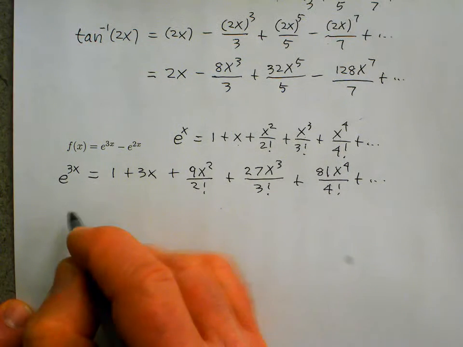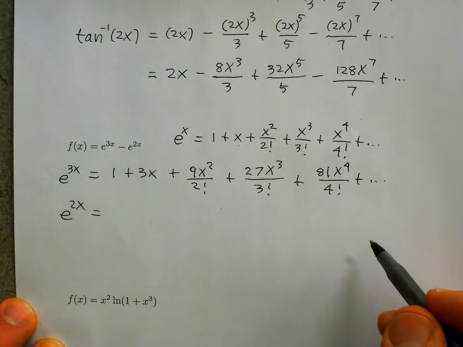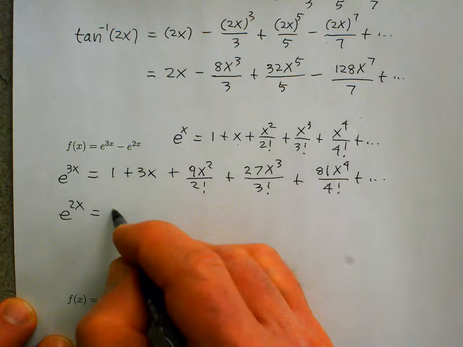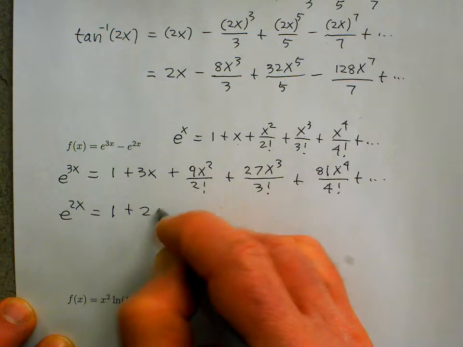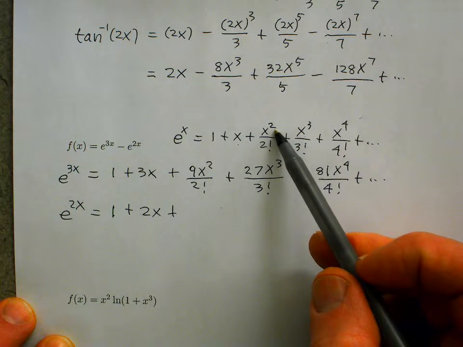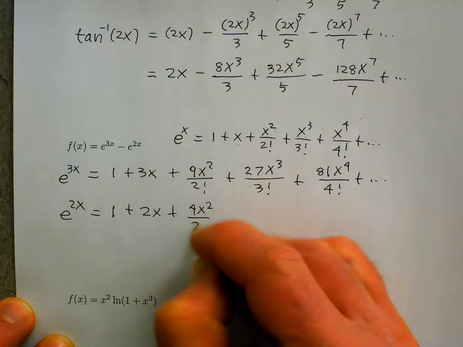Then below it, we'll write e to the 2x. This time in e to the x, replace every x with 2x. So we get 1 plus 2x. The term 2x to the second is 4x to the second over 2 factorial.